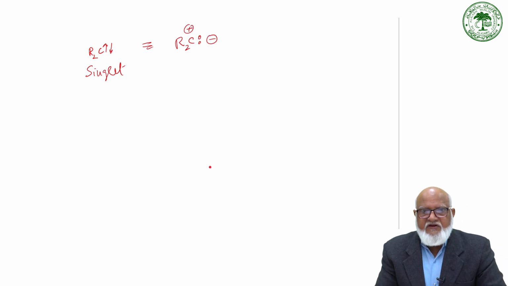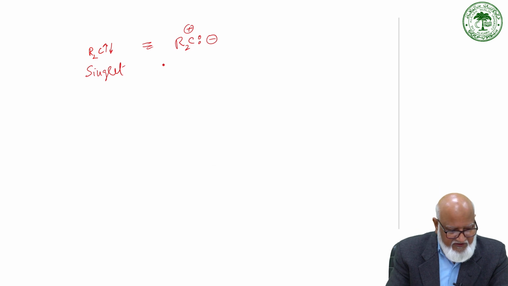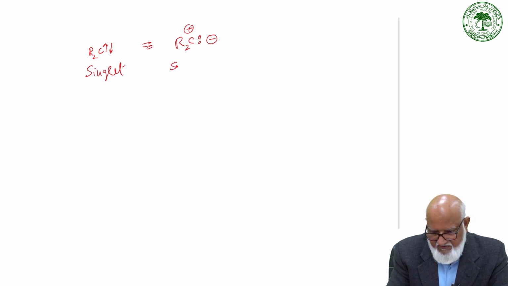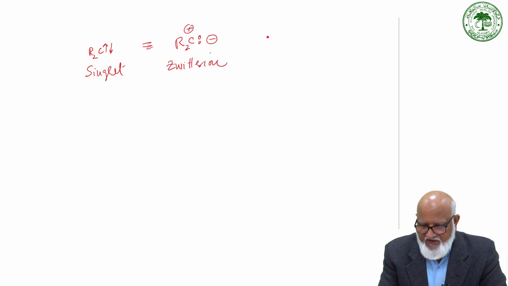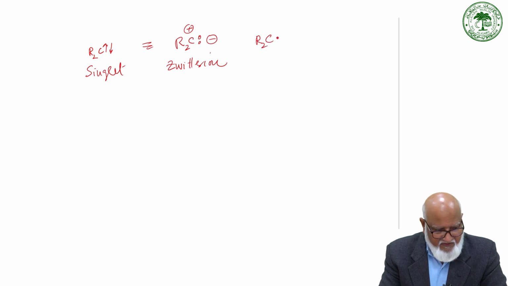The nature of reactivity of singlet carbene has been found to be zwitterionic. On the other hand, triplet carbene R2 is a triplet.